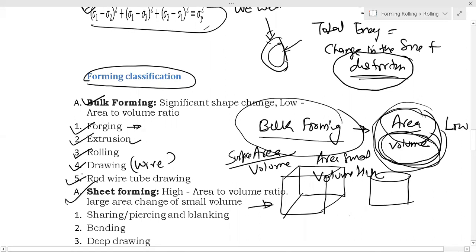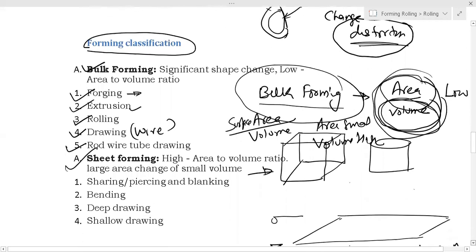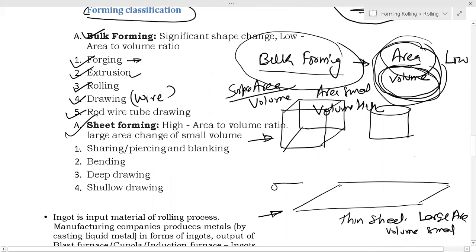Rod, wire, tube drawing, same thing. And then you have sheet metal, where we do shearing or piercing or blanking. We cut the sheet, we make a hole in the sheet, or we take out a blank, that is a circular shape, we call it a blank. That we call blanking. And shearing or piercing means cutting.